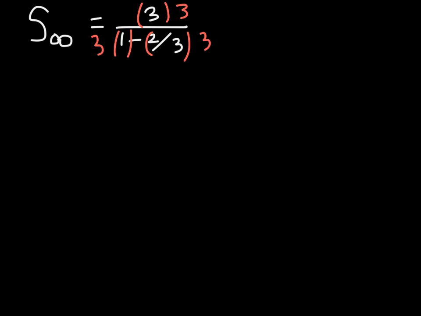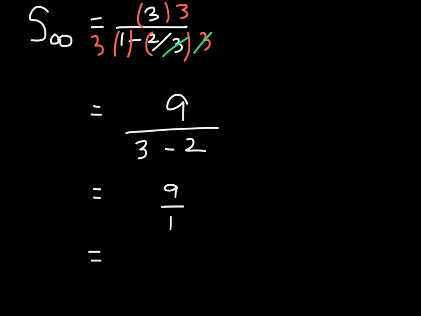And of course here, this 3 and that 3 divide out. So I don't know if this is better for you, but it would give you 9 over 3. I got the 9 from 3 times 3. I got this 3 from 3 times 1. And then it'll be minus 2. I'm not sure if you like simplifying like that better. Minus 2. All right? So then this turns out to be 9 over 1, which is 9.